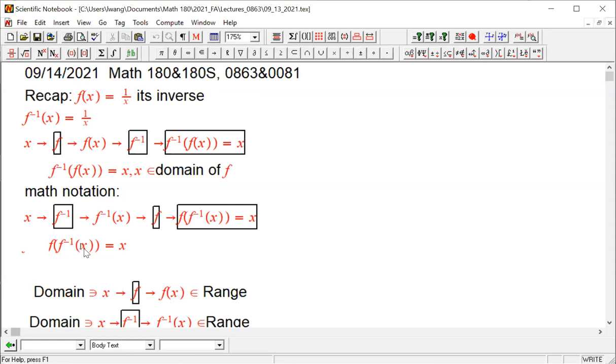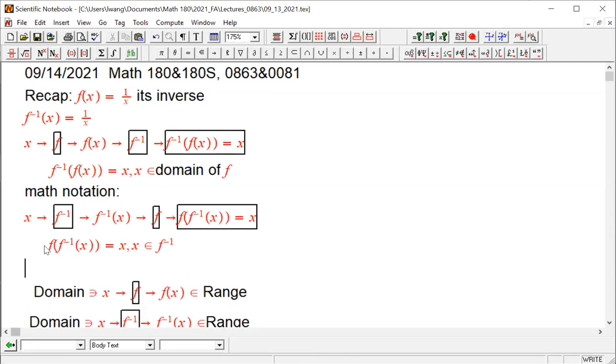This x, however, is in the domain of f inverse, because x is first served as input for f inverse. Does everybody follow me?